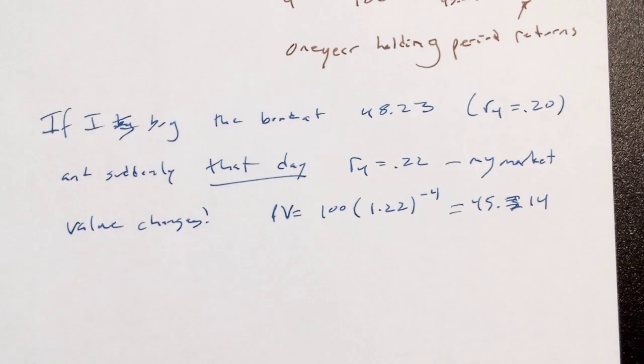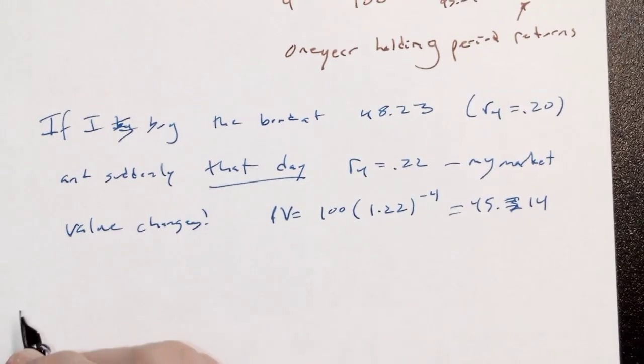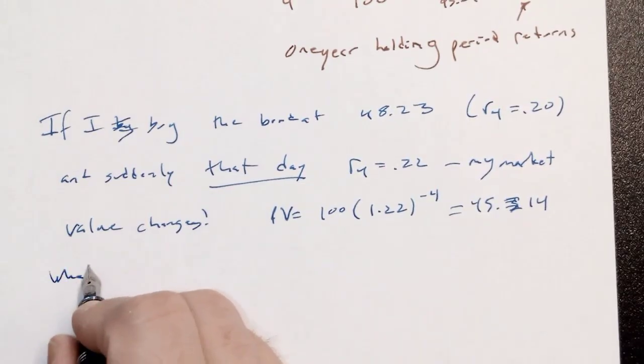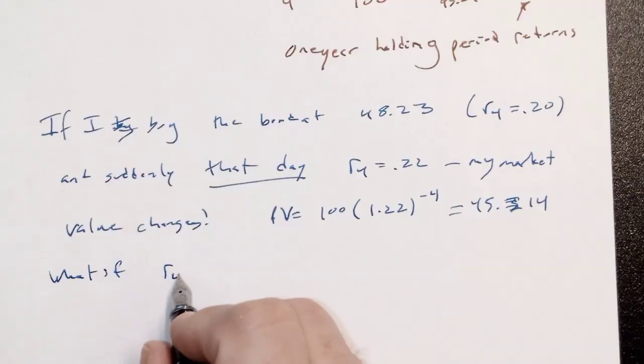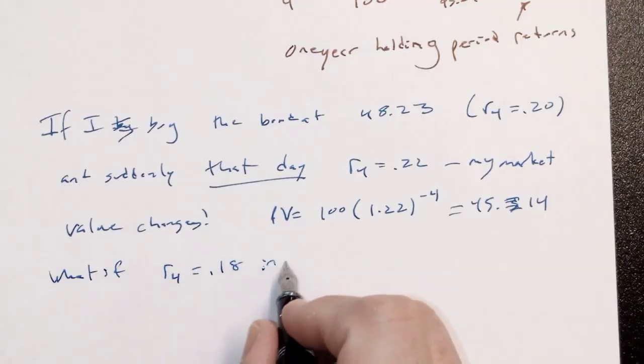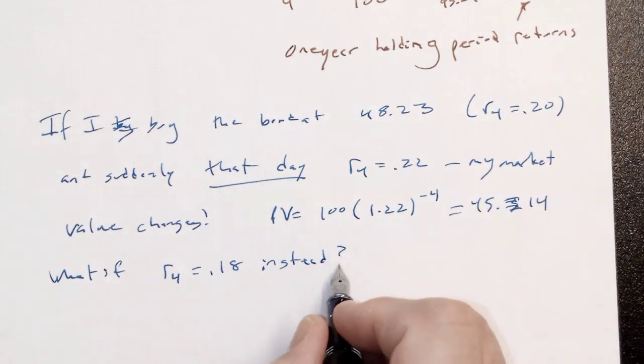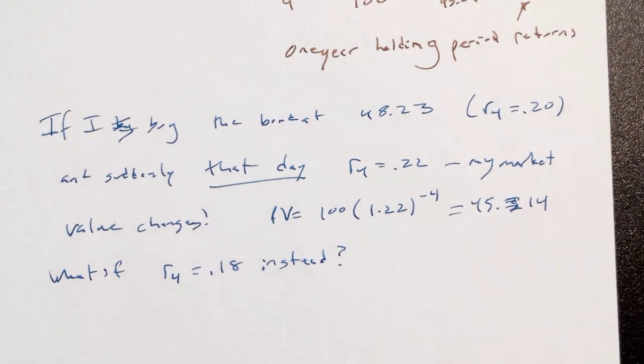But that's assuming they announce something that causes rates to go up. What if they announce something that causes rates to go down? What's going to happen if rates go down? Which means suddenly I underpaid and I got a deal, right?